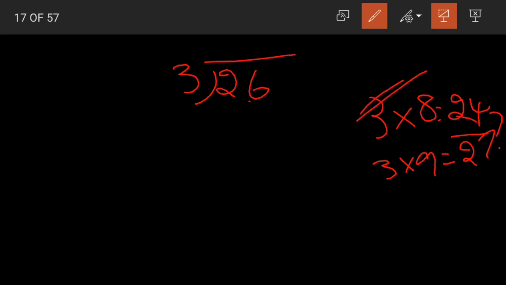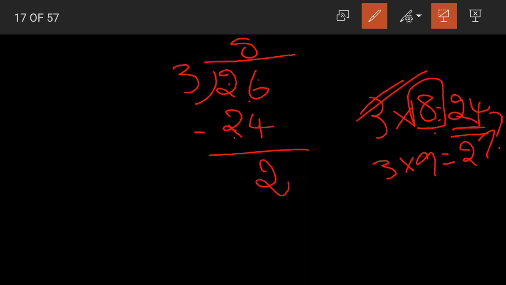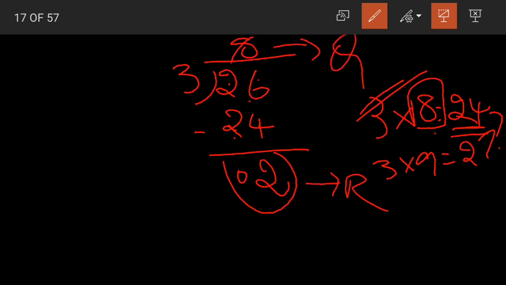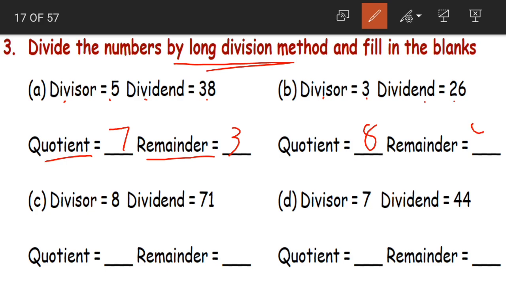The smaller number, 24. 3 eights are 24. So 8 becomes our quotient and 24 is written just below our dividend. When we subtract, 6 minus 4, 2, 2 minus 2, 0. So 8 is our quotient, 2 is our remainder.